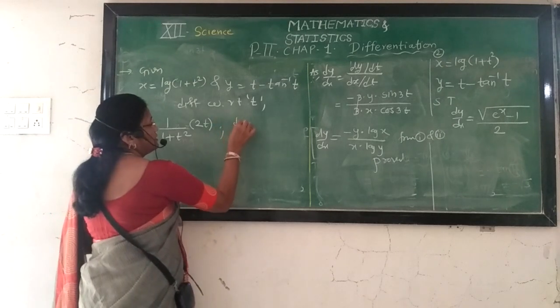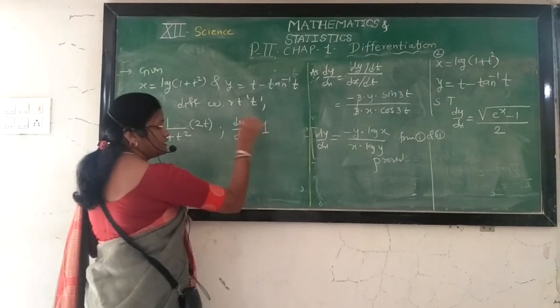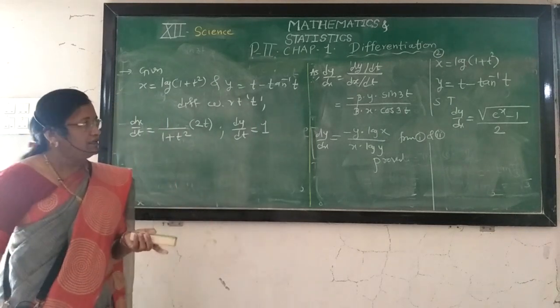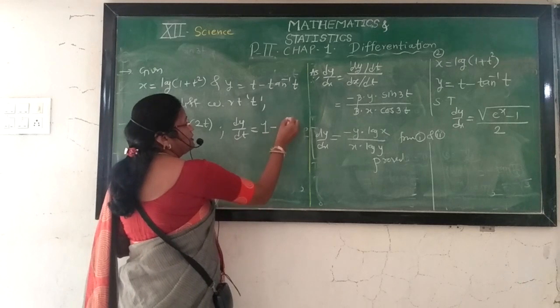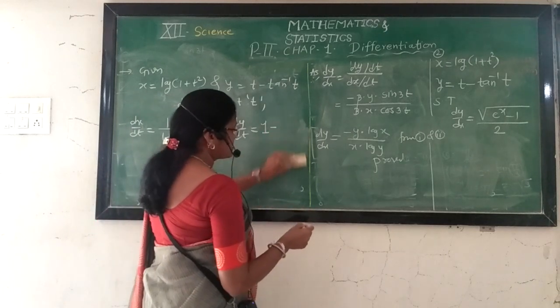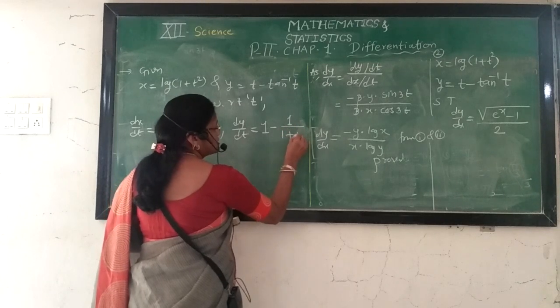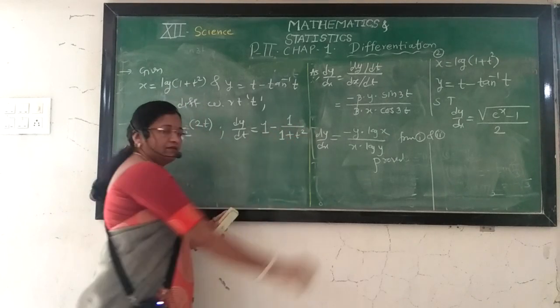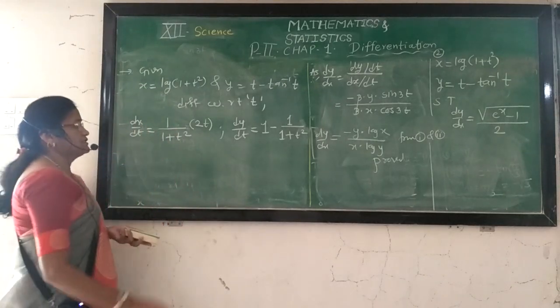Now for y, dy by dt: the derivative of t with respect to t is 1, and the derivative of tan inverse t is 1 upon 1 plus t square.